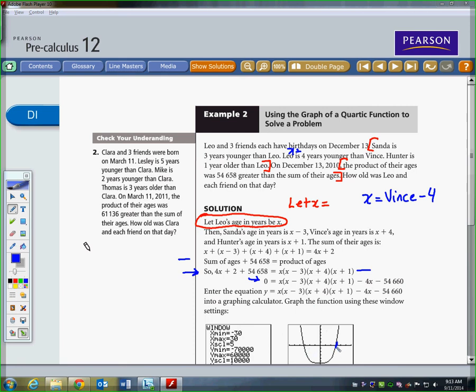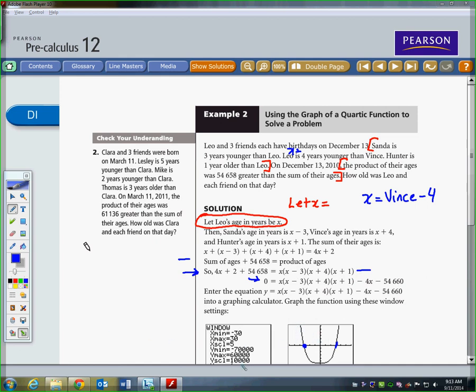Why would this be the right answer and not this? The answer is, here you've got a negative x value, and all of your ages have to be positive. So x has to be positive, here x has to be at least 3, here x has to be greater than negative 4, here x has to be greater than negative 2. So when you're looking at all that, the domain of that would be x has to be greater than 3, looking at all those functions.